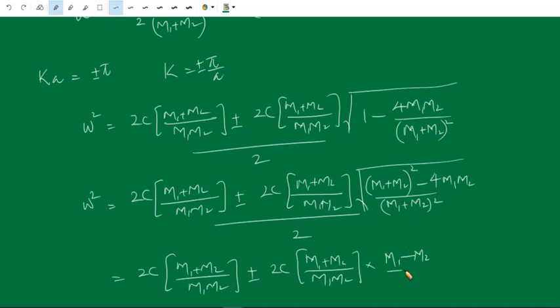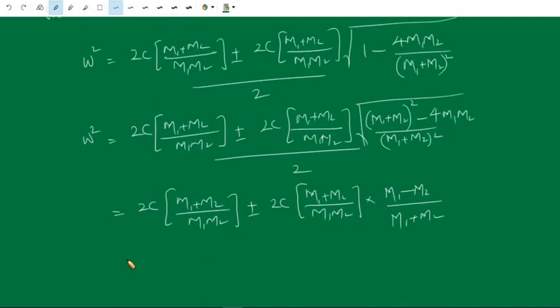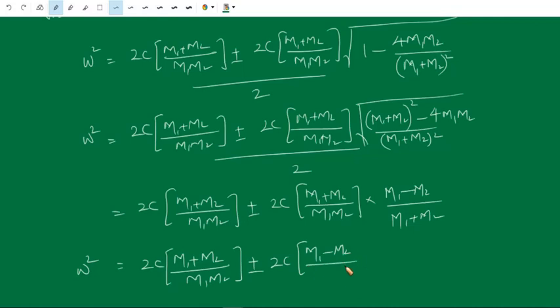So this will become 2c(m1 + m2)/m1m2 plus or minus 2c(m1 + m2)/m1m2 into (m1 - m2) whole square divided by (m1 + m2) whole square. The root of that will become (m1 - m2) divided by (m1 + m2). So finally omega square is equal to 2c(m1 + m2) divided by m1m2 plus or minus 2c(m1 - m2) divided by m1m2.